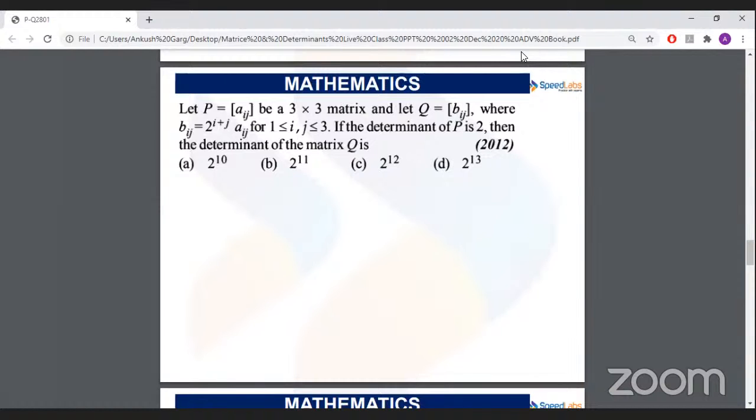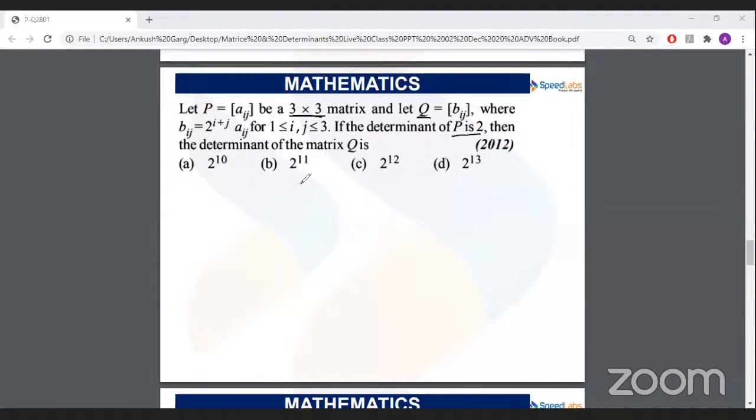So solve this question. P equals Aij, it's a matrix, right? And it's a 3 cross 3 matrix, right? P is a 3 cross 3 matrix of Aij, and Q is equal to Bij, where Bij is 2 to the power (i + j) into Aij, when i and j are greater than or equal to 1 and less than or equal to 3.